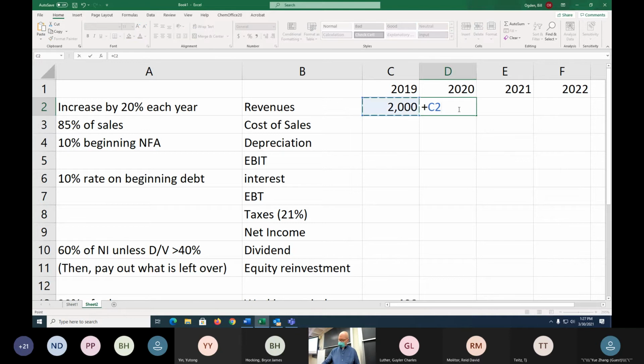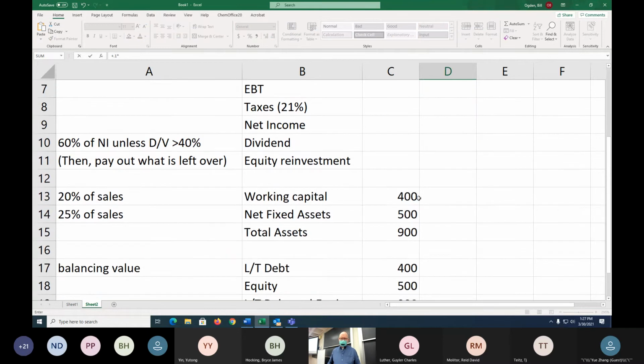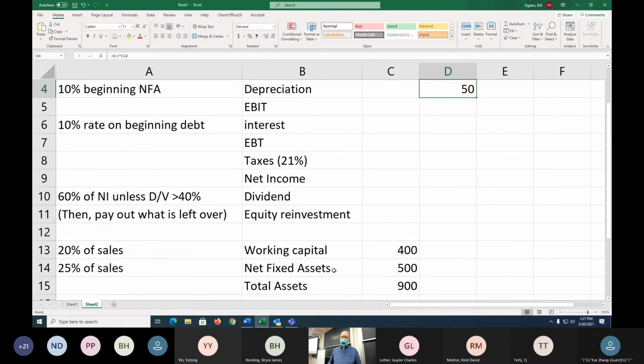So we'll go over here. And then the cost of sales, 85. Depreciation, 10% times beginning net fixed. EBIT.